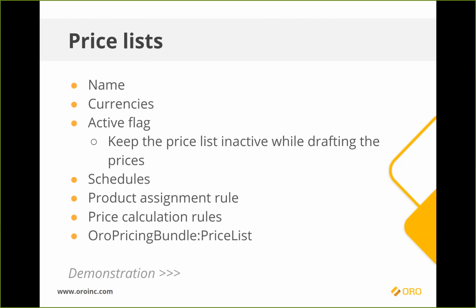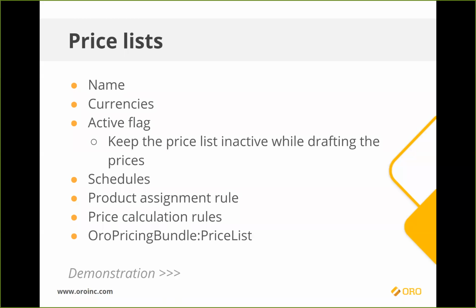What are price lists and what do they consist of? So a price list, as I have already mentioned, is just a group of prices which has some kind of common purpose. And a price list consists of the name, basically just how you want to call it, and currencies. So a price list may contain prices in multiple currencies. Whether this price list is active or not, so it's basically just a flag or checkbox.